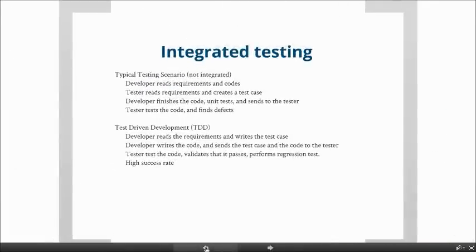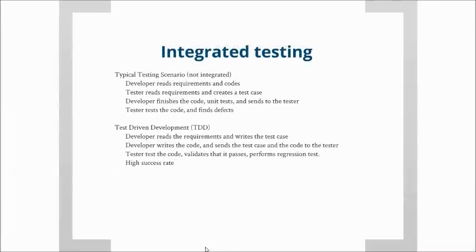Now, before we finish up Chapter 9, I need to say something here about testing, because in the passing of requirements from the stakeholders to the developers and ultimately to the testing, things can get lost, things can fall through the cracks.